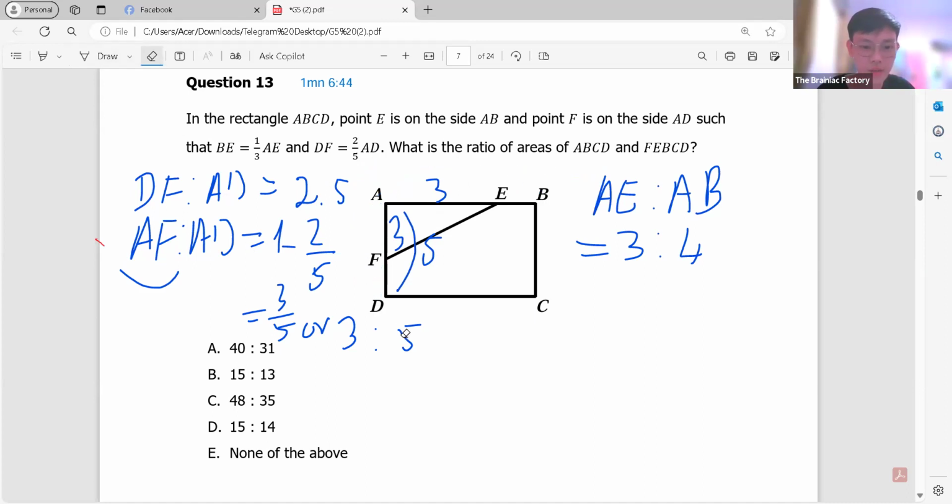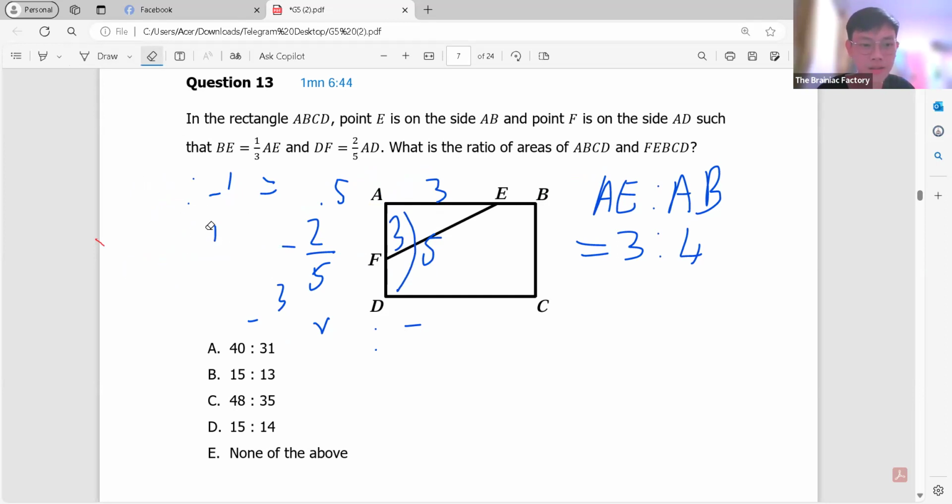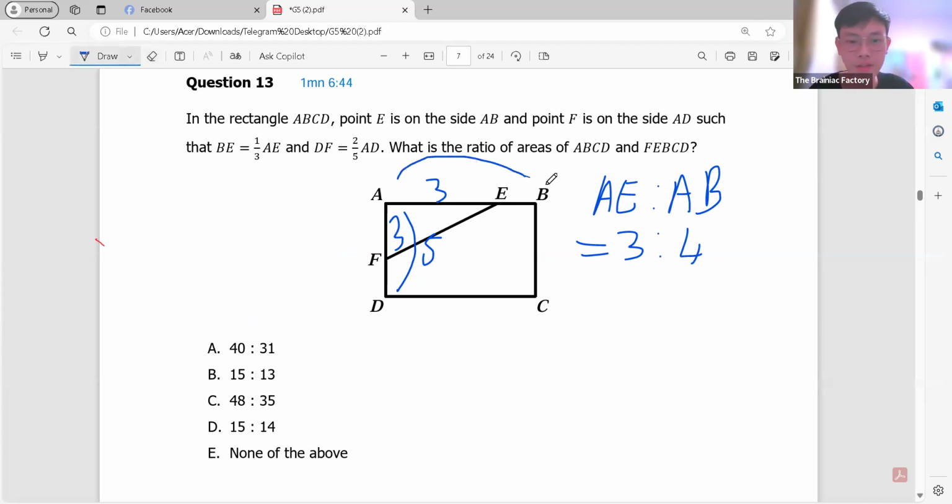So let's see why we're doing this. To find the ratio, you need all this proportion. Okay, wait a bit. So we have all the values. AB is equal to 4. So we have all the lengths, so we can find the area now.